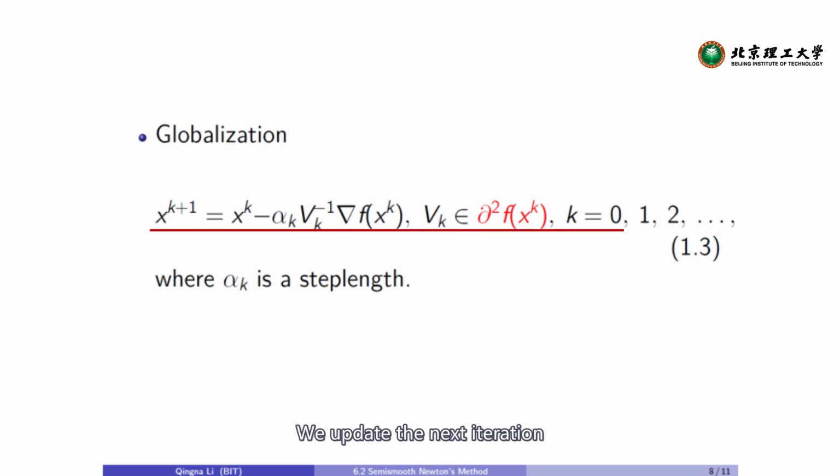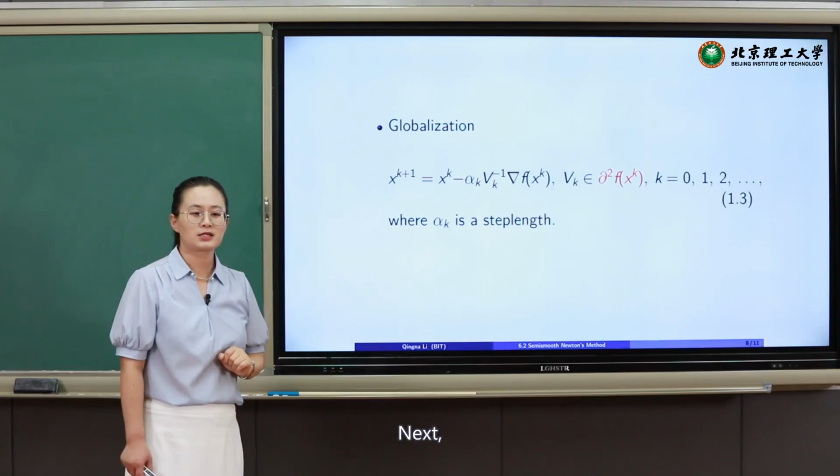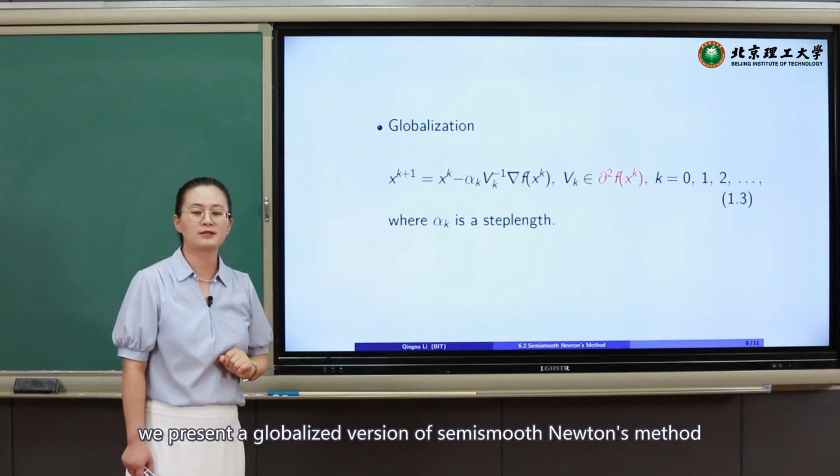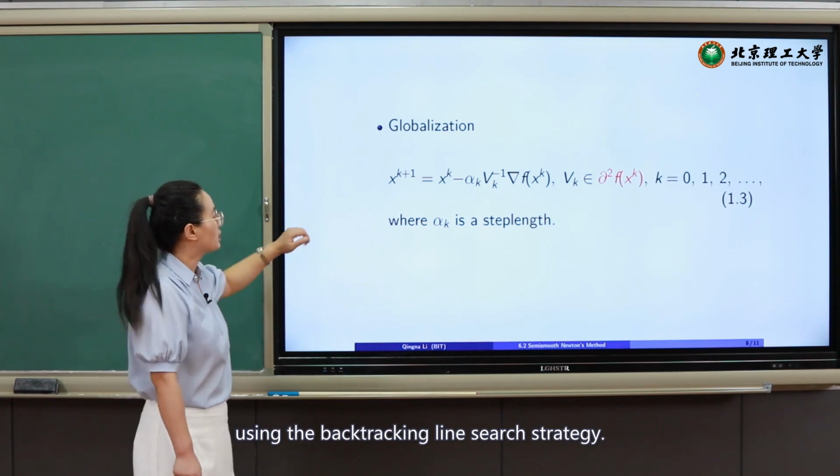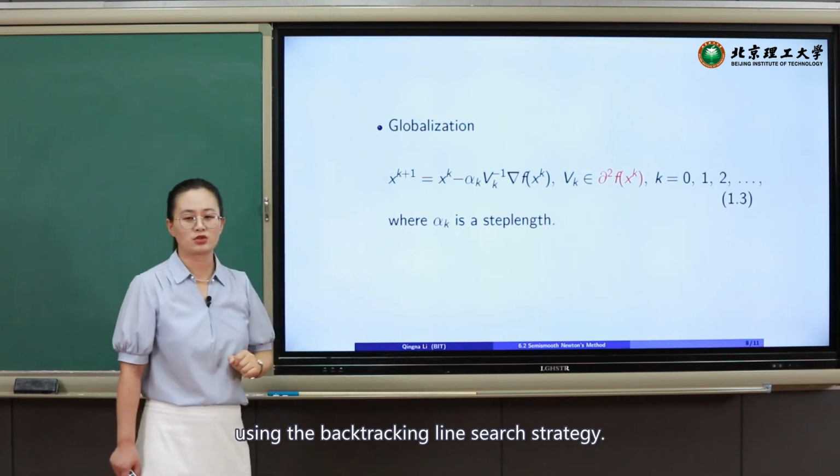We update the next iteration by choosing the semi-smooth Newton's direction, then we use a line search step alpha k. So how do we do the line search? Next, we present a globalized version of semi-smooth Newton's method using the backtracking line search strategy.